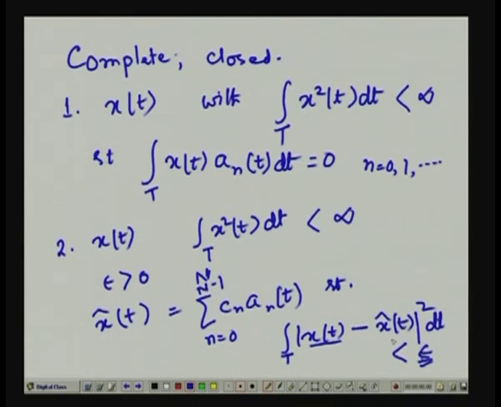It must be less than or equal to epsilon, where epsilon is a very small positive value.